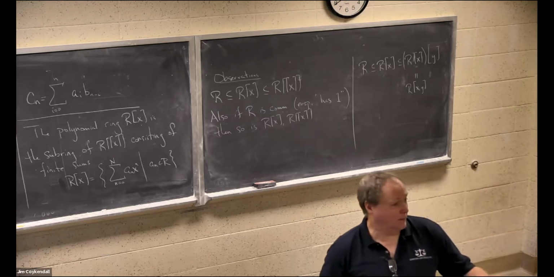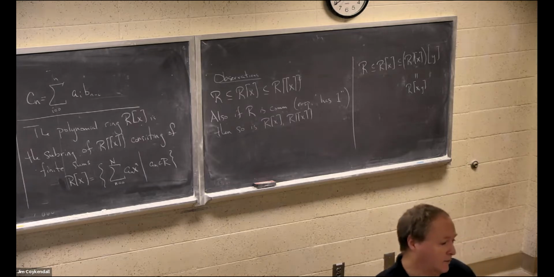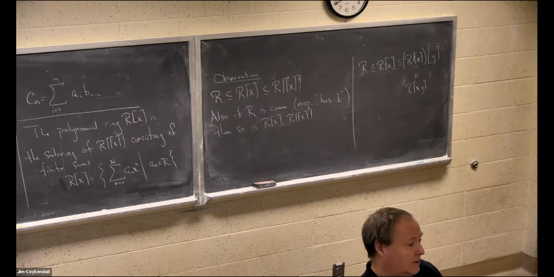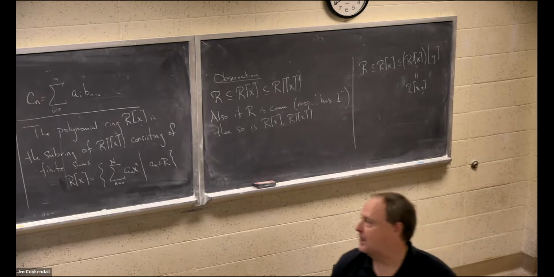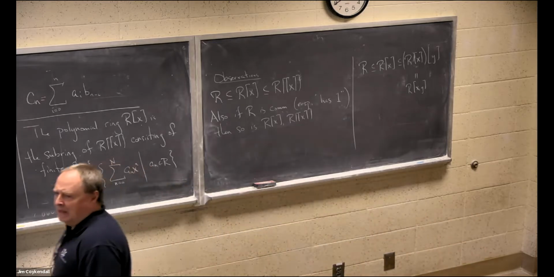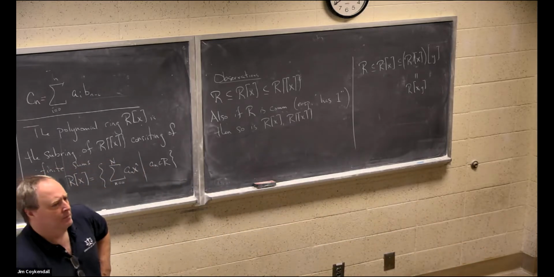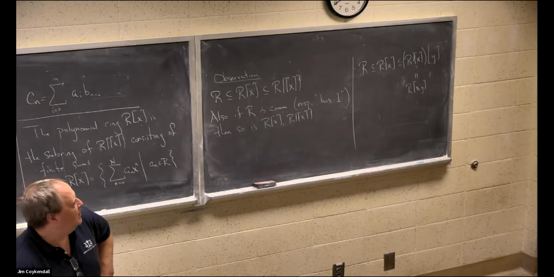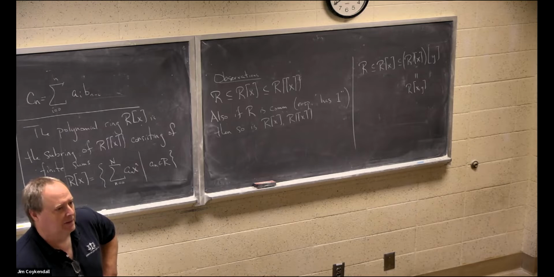Because remember, even if we use countably many variables, any single polynomial comes out of a collection of finitely many variables. No matter how many variables you have in a polynomial ring, it's impossible to see infinitely many of them in one element.